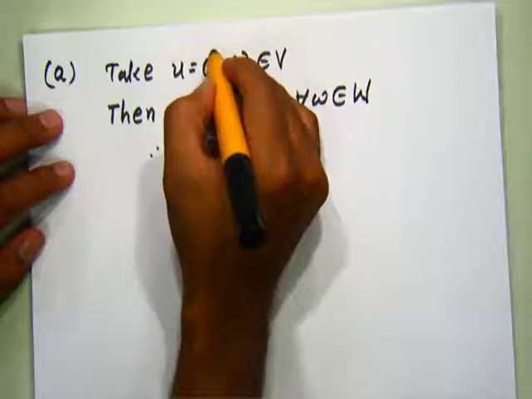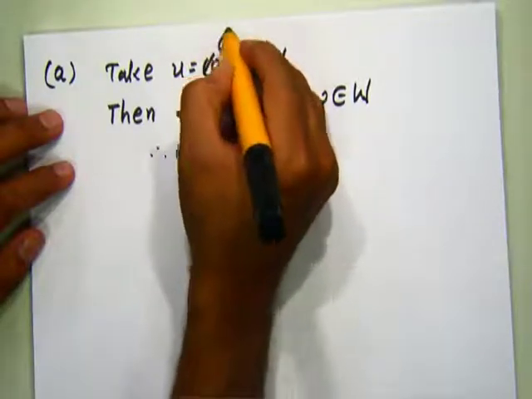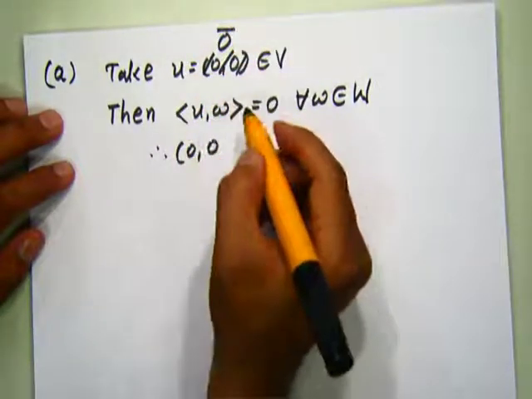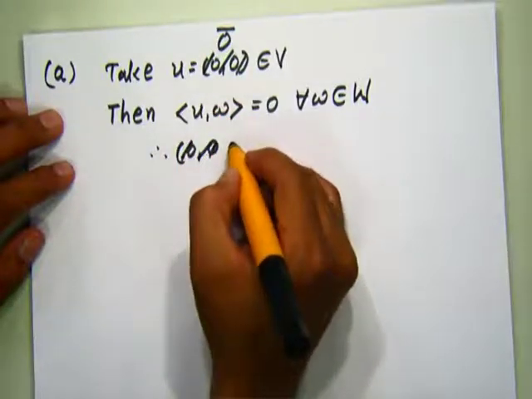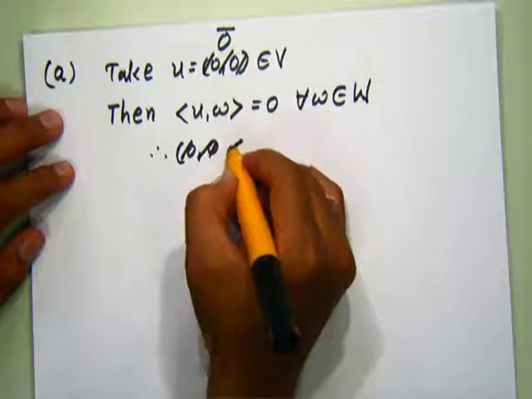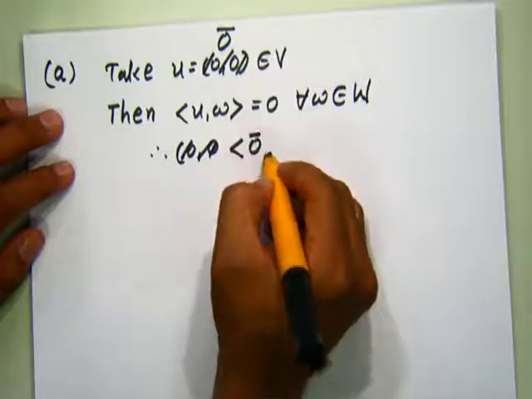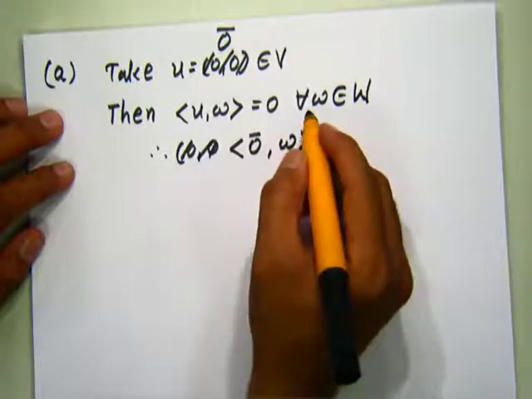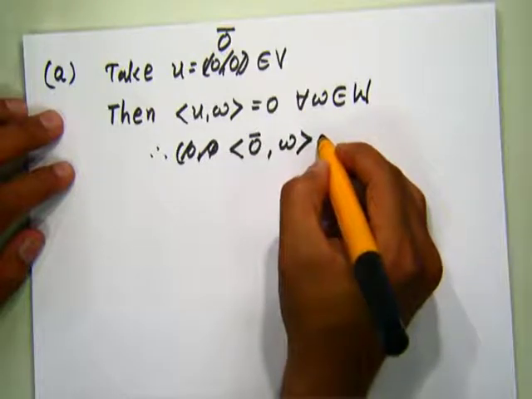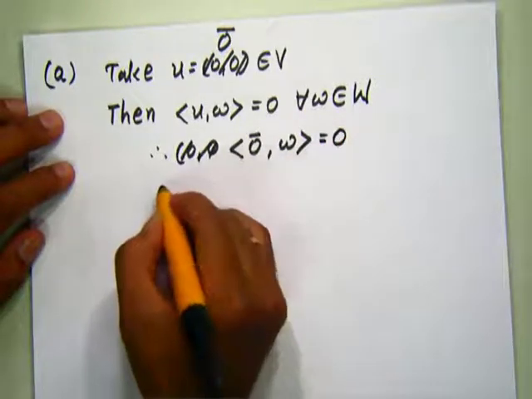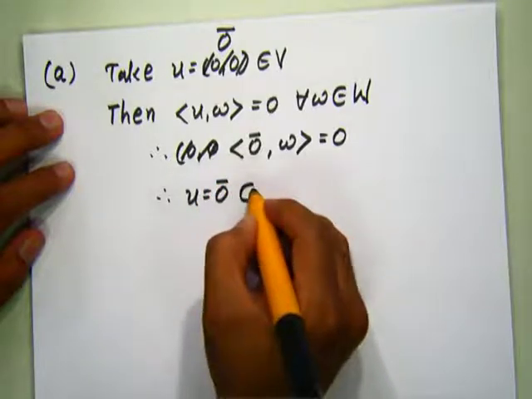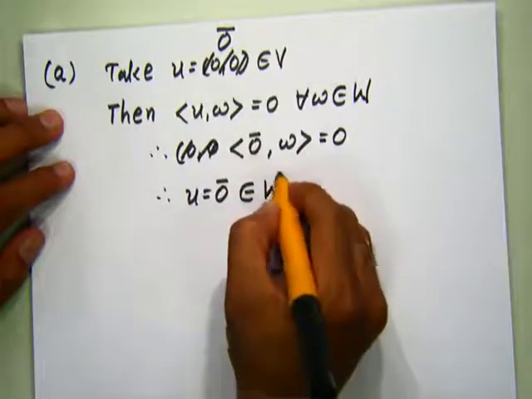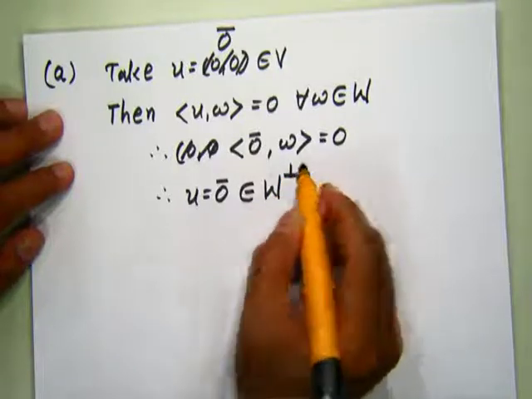So we can write this, I am denoting this 0 bar as the zero vector, equal to 0, and therefore one vector, that is u or 0 bar, belongs to W complement.